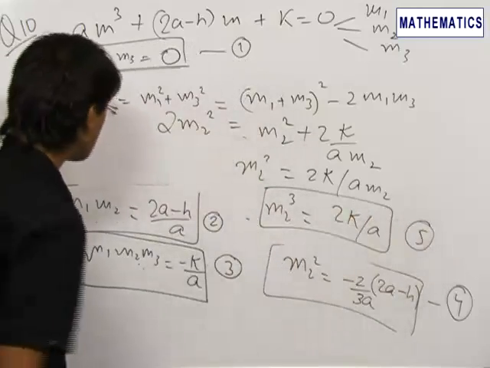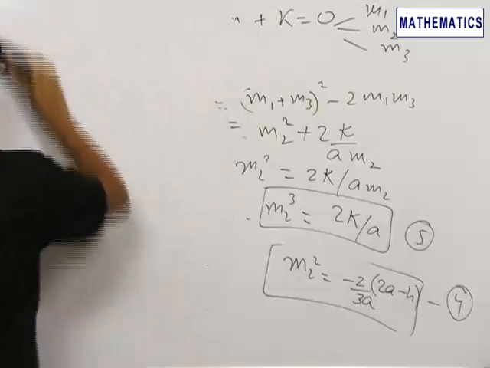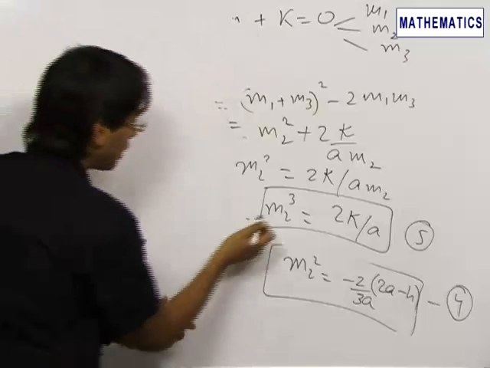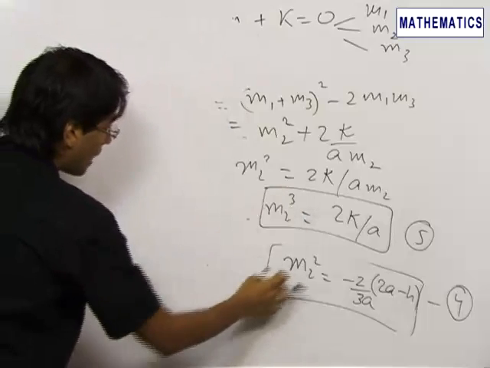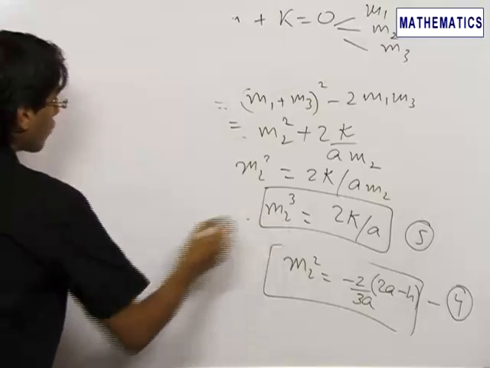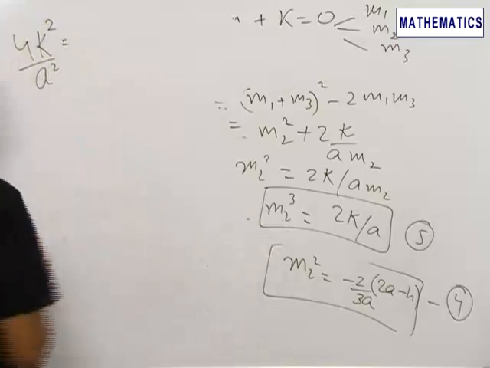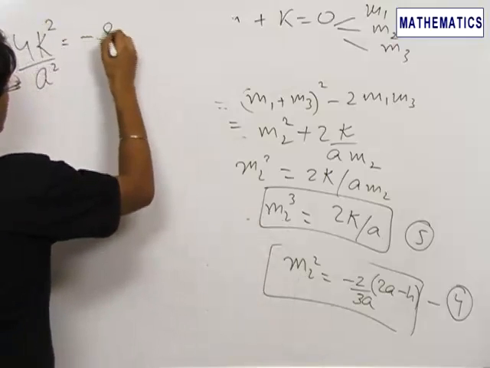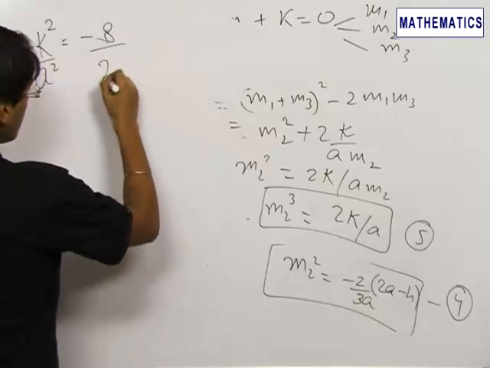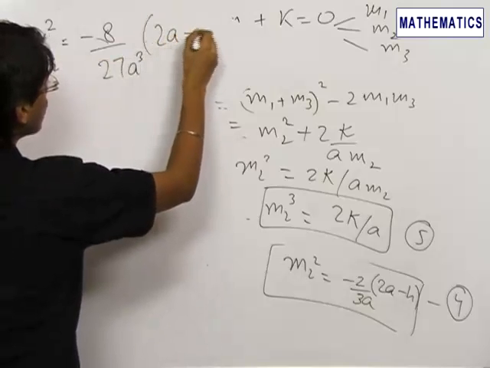Now from the fourth and the fifth equation, we can square one and cube the other to get m2 power 6 on both sides. On squaring the fifth equation we get 4k square upon a square, and equating this with m2 power 6 from the fourth equation, we get minus 8 upon 27a cube into 2a minus h whole cube.